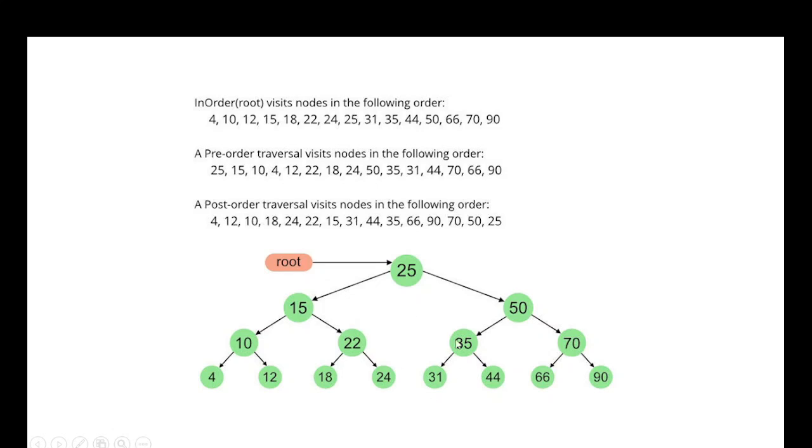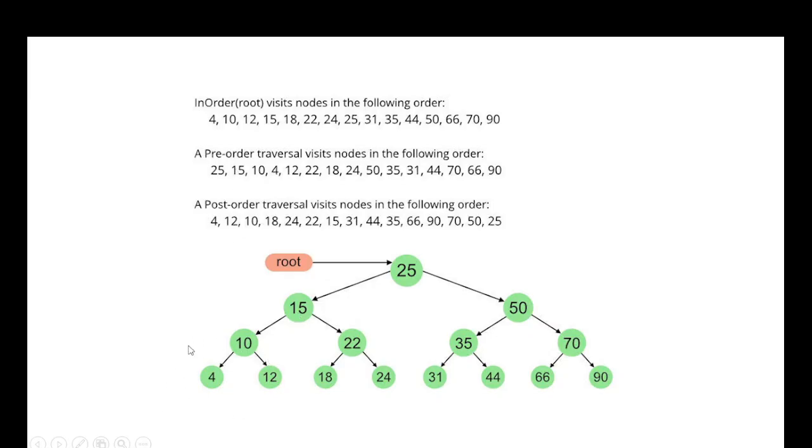So let us take one example here. This is the root element. Let me take pre-order first. It is root, left subtree, and then the right subtree. So here I get 25. Now for the left subtree, this is the root, so it is 15.